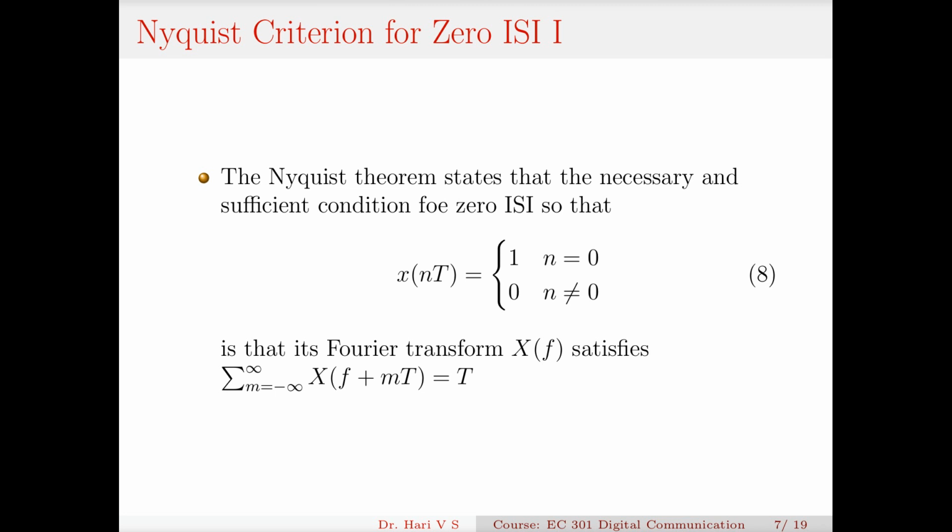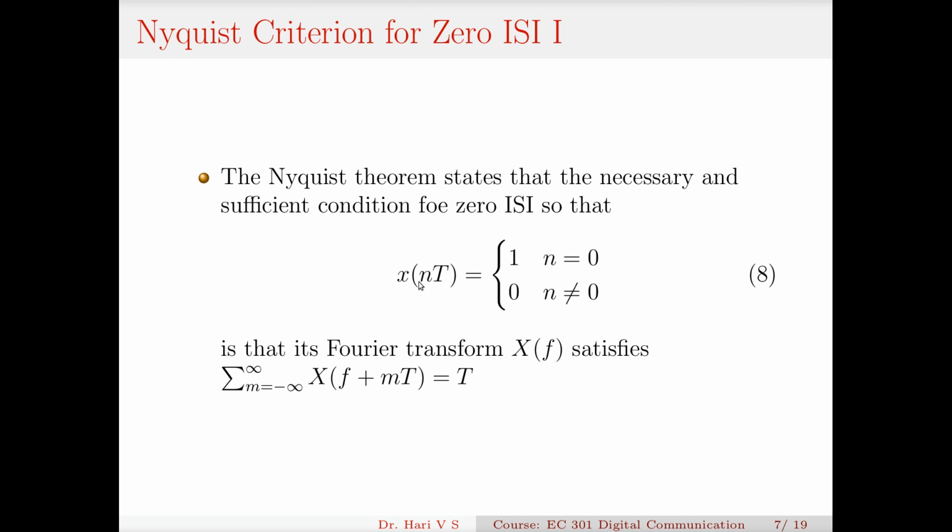Another thing that is included in your syllabus is the Nyquist theorem. This theorem, due to Nyquist, says that the necessary and sufficient condition for zero ISI is that x(nT), which is g(t) convolved with c(t) convolved with h(t), the total LTI system, should be 1 for n equal to 0 and 0 otherwise.